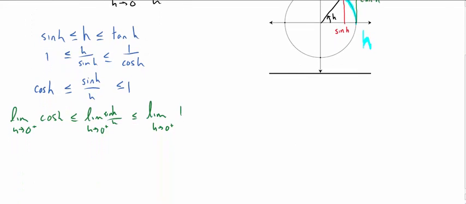And let's look at what this becomes. As we approach 0 from the positive side, as we get closer and closer to 0 coming from the right on the number line, cosine h gets closer and closer to 1, so that this first limit right there, that's equal to 1.